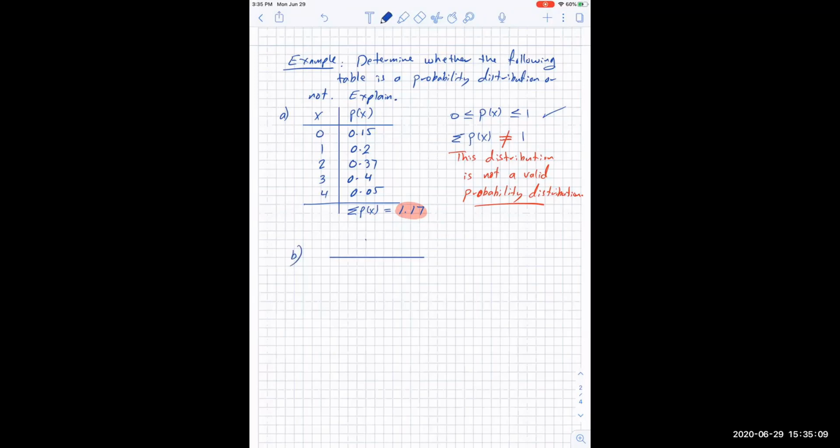Here's another table. X, P of X. 0, 1, 2, 3. Negative 0.2, 0.4, 0.3, and 0.5.